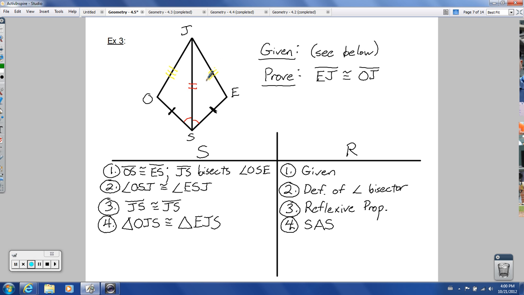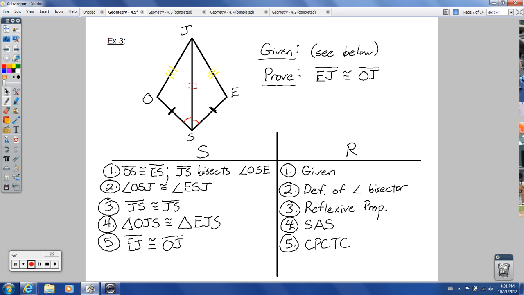I could say now that those sides matched up, because I have proved the triangles are congruent, these corresponding parts have to match up. So we're there. We are all set with this one. EJ is congruent to OJ because they are corresponding parts of congruent triangles being congruent. So CPCTC.